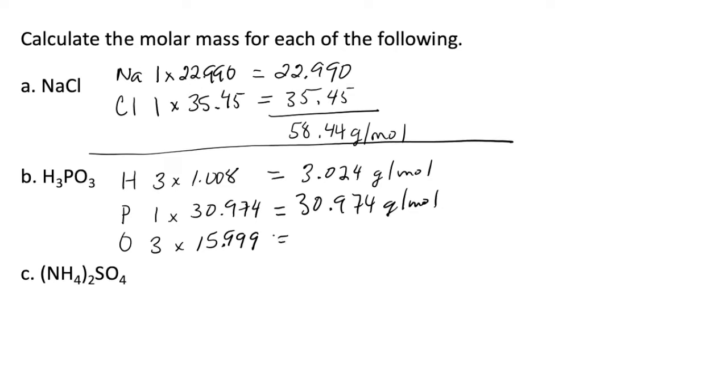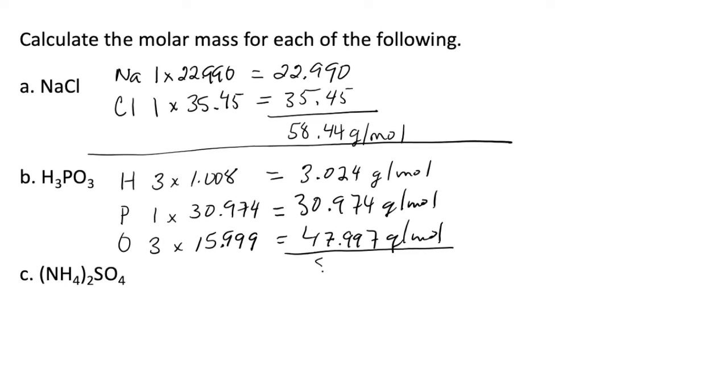And 3 times 15.999 gives me 47.997 grams per mole. The last thing I want to do is add all 3 of these up to find the total mass per mole for this molecule. 81.995 grams per mole.